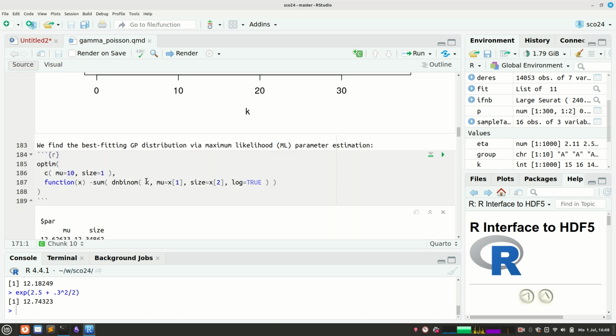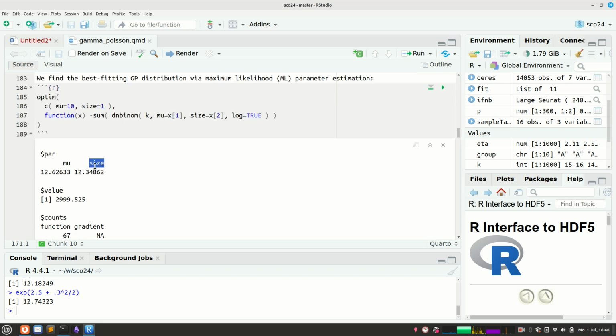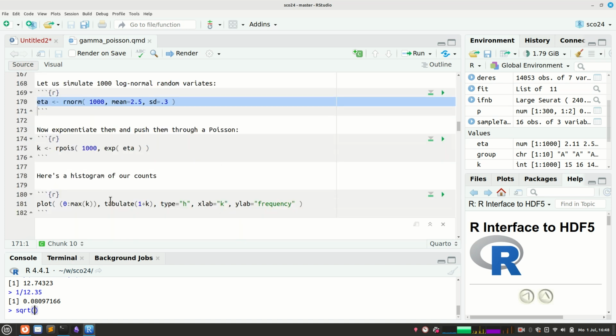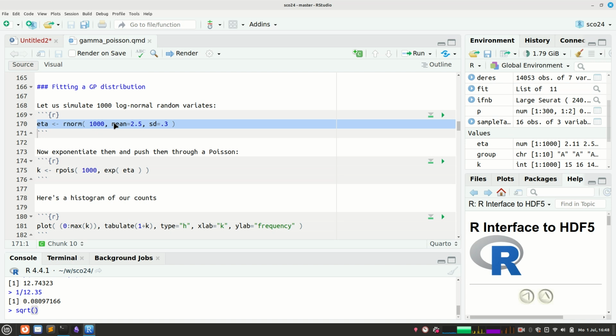So this works. The other thing we have to check is whether the size is correct. As I said, the size is 1 over alpha, 1 over 12.35. And alpha, as I told you, is the square of the coefficient of variation of the underlying gamma, or in that case the underlying log normal. So I can take the mean of this thing, divide it by its standard deviation.